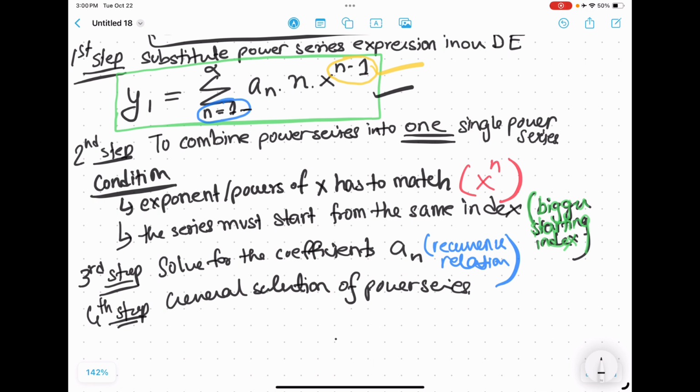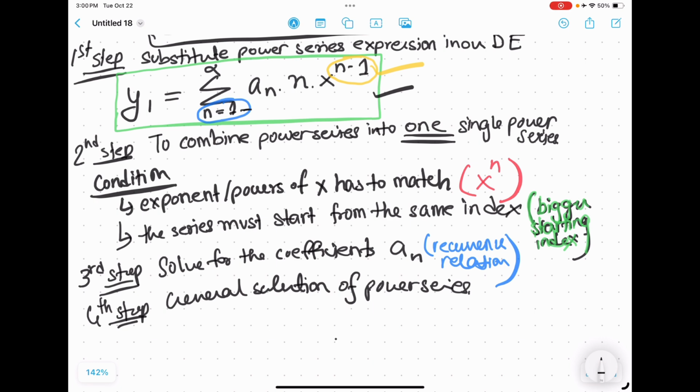Before we do that, we need to make sure that our powers of x is n and they have the same starting index. So we'll always go for the bigger starting index. That's going to stay. Then our third step is to solve for the coefficients a's. And lastly, we will write our general solution of the power series. So these are my 4 steps basically.